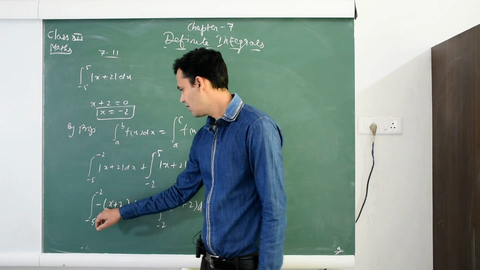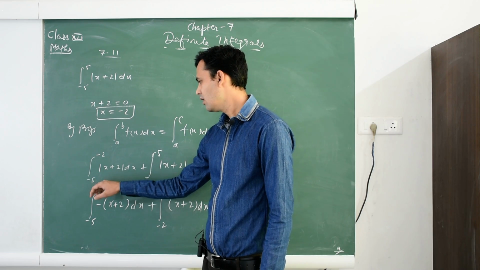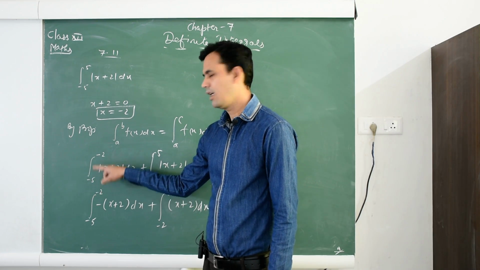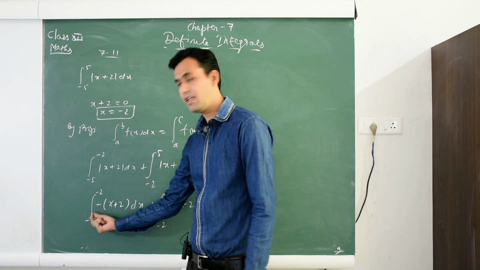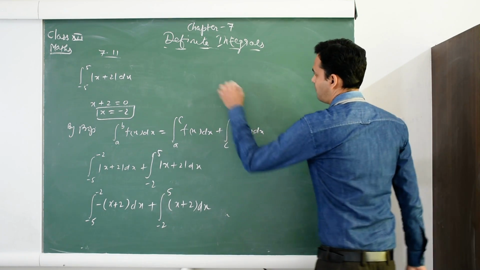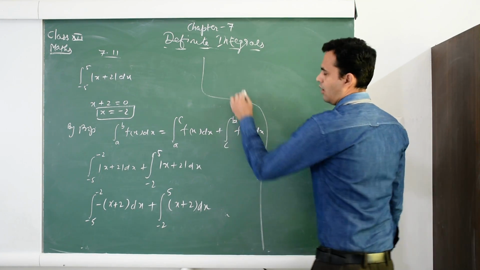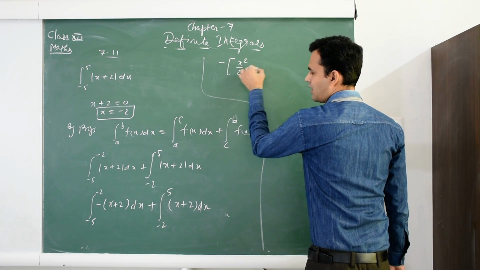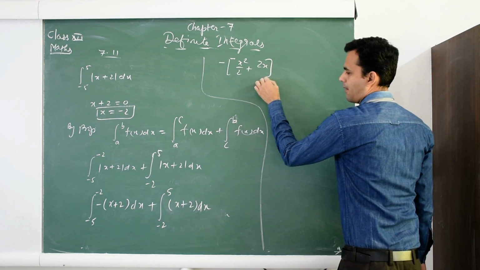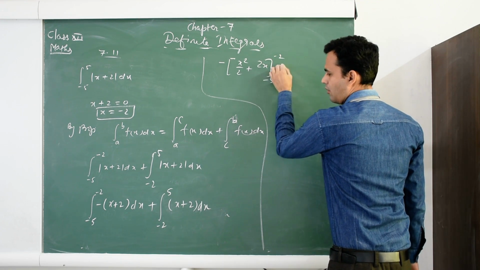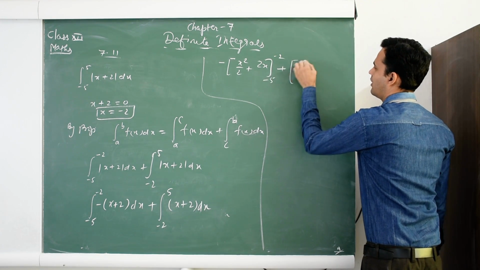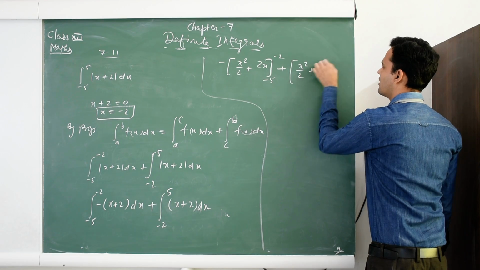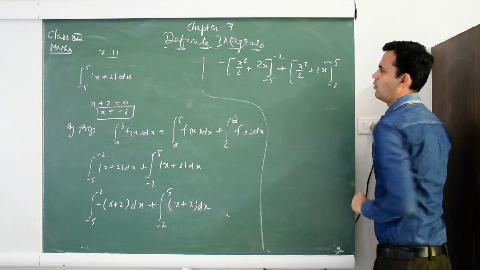Why? Because in the first function we have the value of x between minus 5 and minus 2, so we get a negative value. Now, minus integration of (x square by 2 plus 2x) from minus 5 to minus 2, plus integration of (x square by 2 plus 2x) with limit minus 2 to 5.